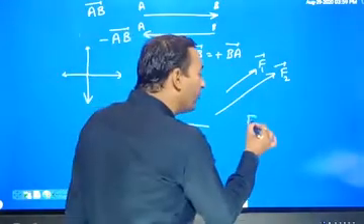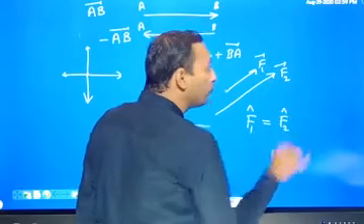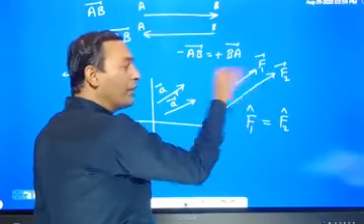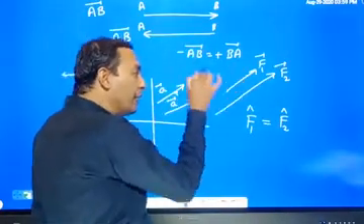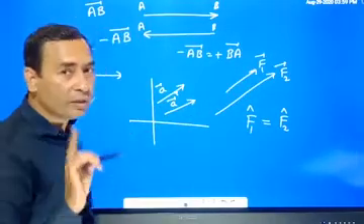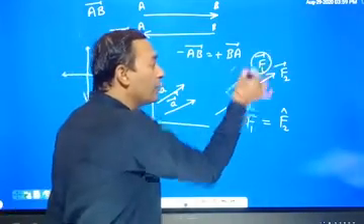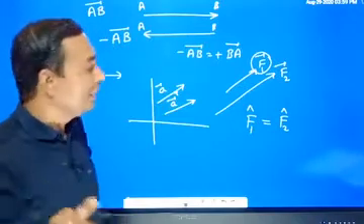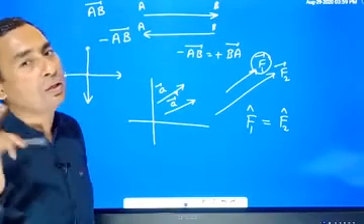So we can write f1 vector cap is equal to f2 vector cap, because direction remains same when we find the unit vector of these, but magnitude of f1 cap as well as f2 cap becomes 1. जब आप इसका यूनिट वेक्टर फाइंड करेंगे तो f1 cap has magnitude 1 and f2 cap also has magnitude 1.